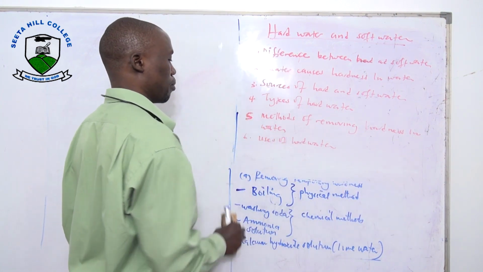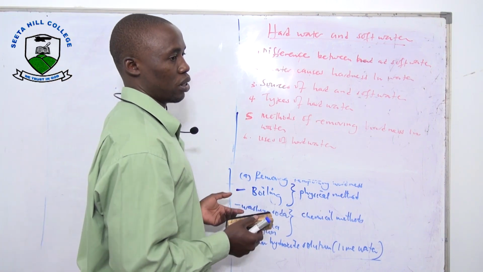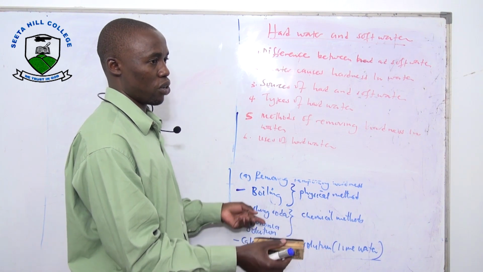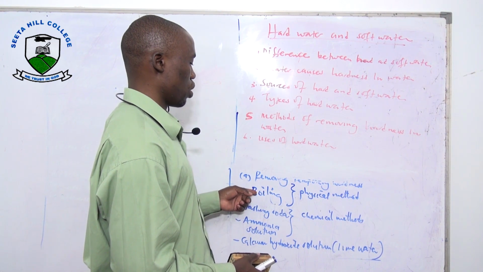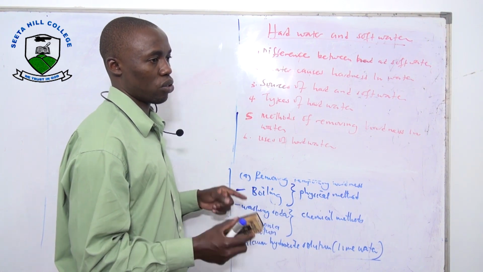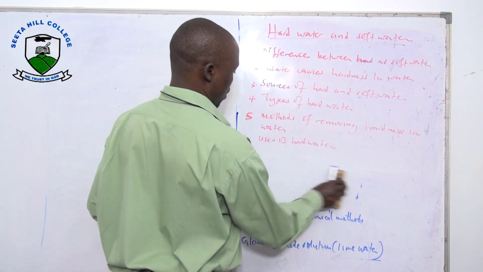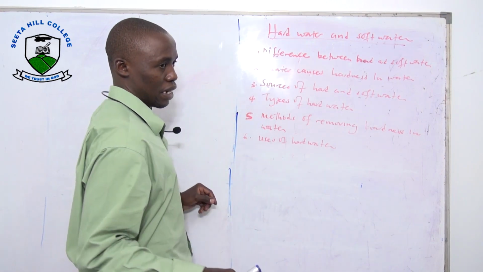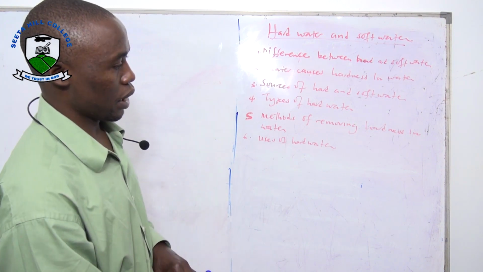Boiling is a physical method, because there is no chemical substance being added. Therefore, we call it a physical method. For removing permanent hardness, the physical method is distillation.